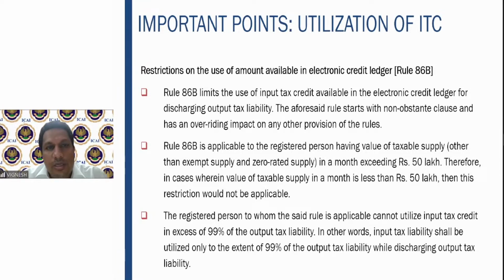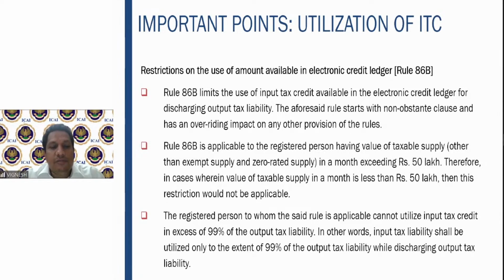So first of all, to whom is it applicable? Please make a note of it. 86B is applicable to a registered person having value of taxable supply in a month exceeding rupees 50 lakhs. If the value of supply is less than 50 lakhs, this restriction will not be applicable.